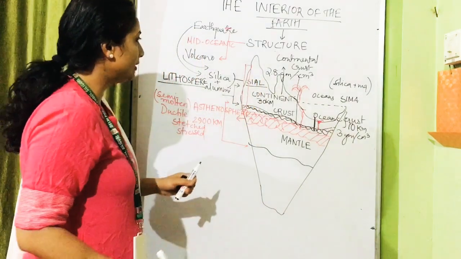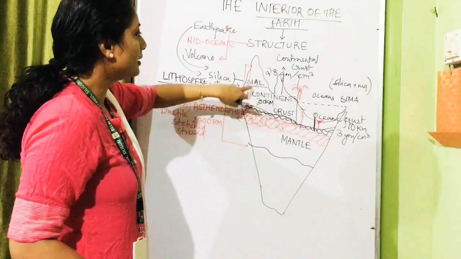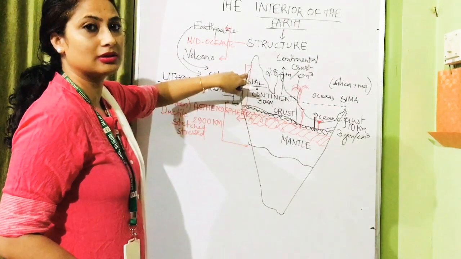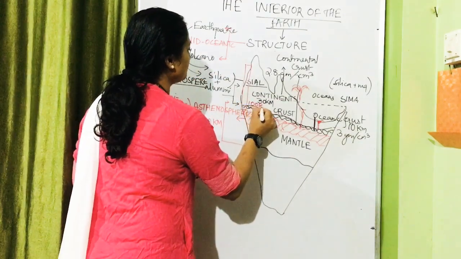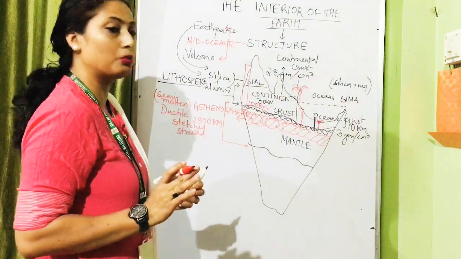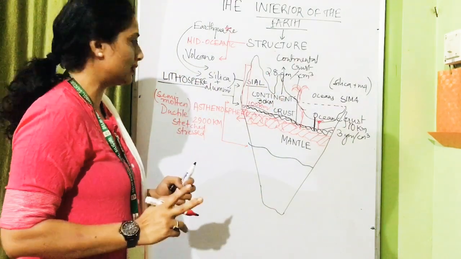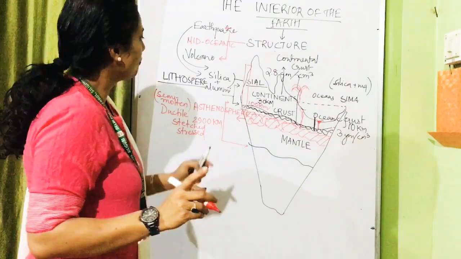I hope I am clear that the lithosphere consists of the upper part of the mantle including the crust, that is 100 kilometers. Clear about the lithosphere, that it is made up of which two layers? It can be an important question regarding MCQs.